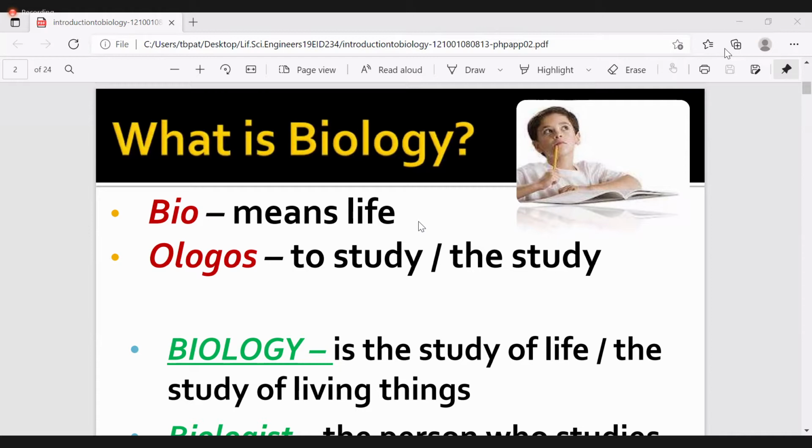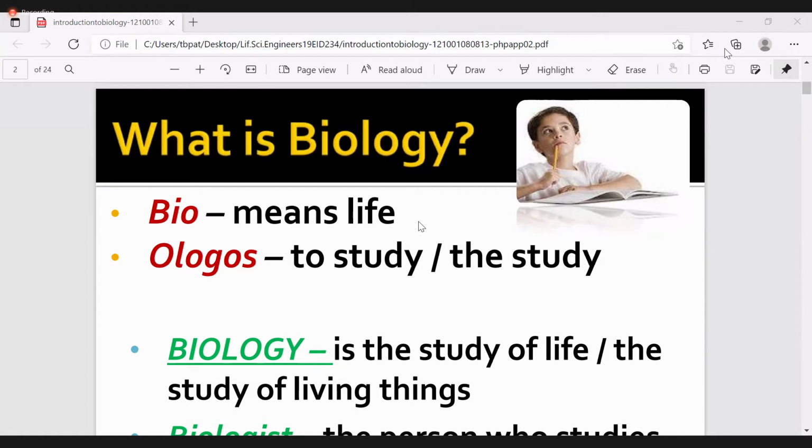Just remember, living things and non-living things. Living things can reproduce.